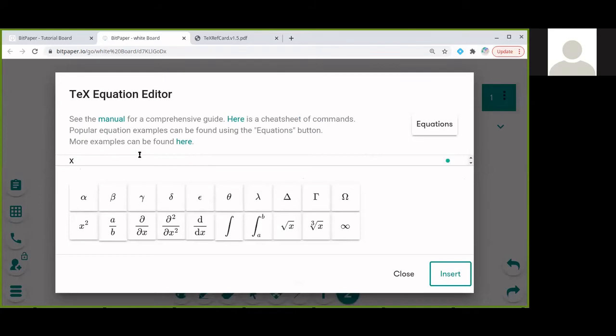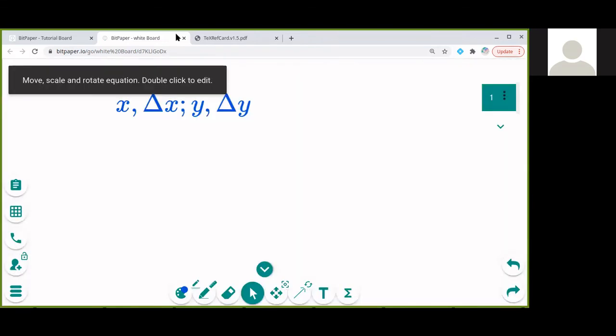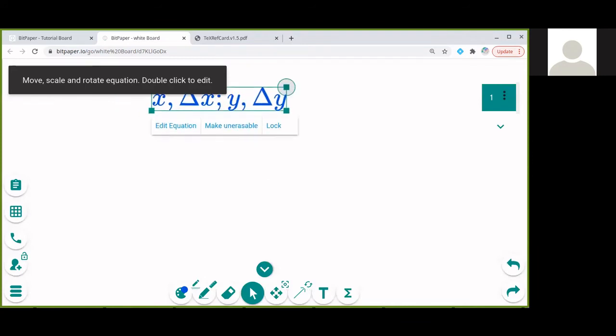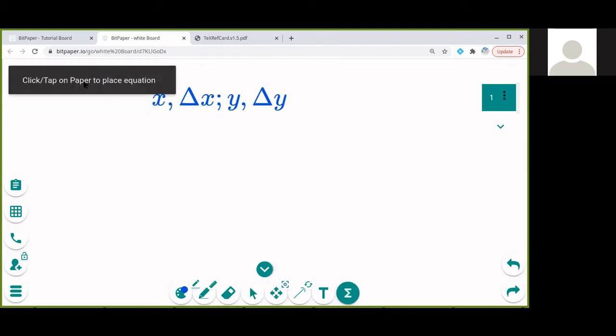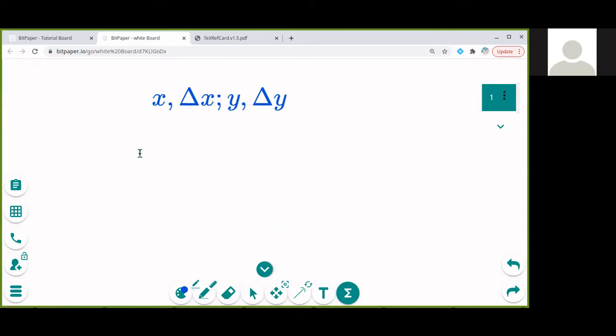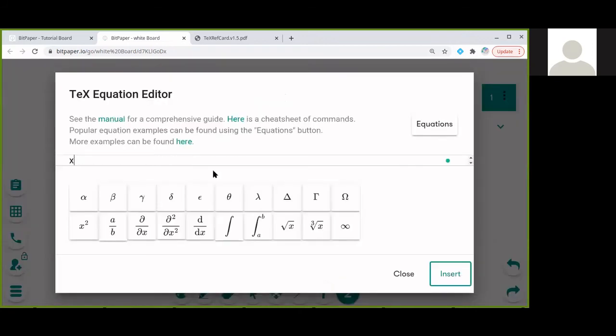So given the measurement X with uncertainty delta X and the measurement Y with uncertainty delta Y, what is the uncertainty in X plus or minus Y?